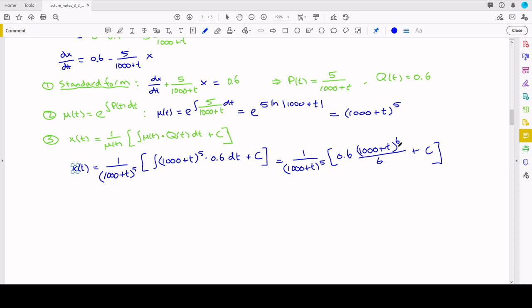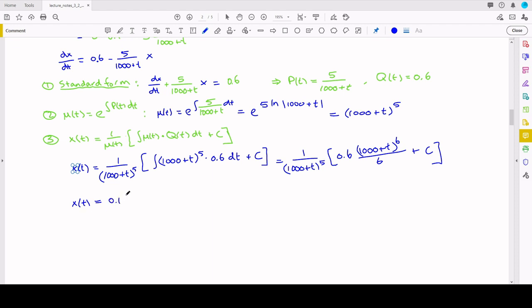And then we can multiply this out, so distribute this, and what we get is that x of t equals, and you see the 5 cancels with the 6 here, and there's 1 power. 0.6 divided by 6 gives you 0.1.